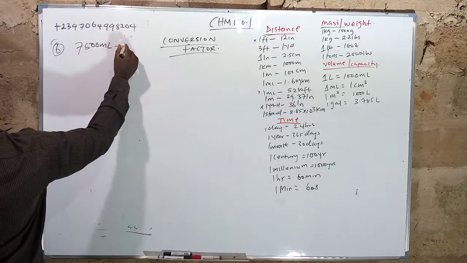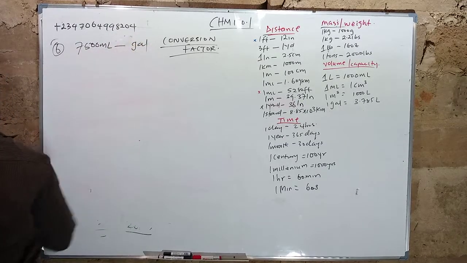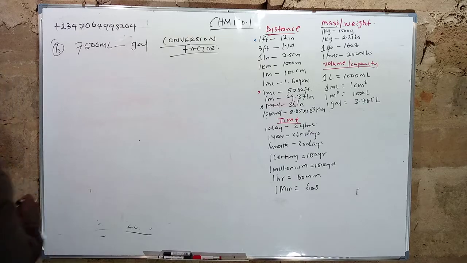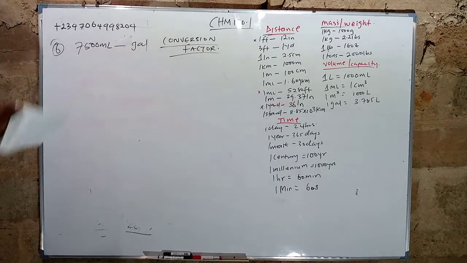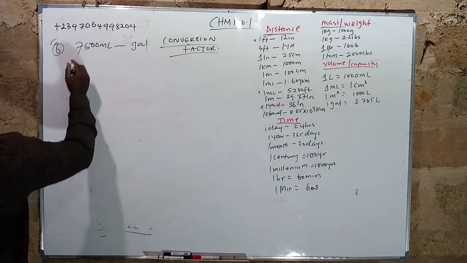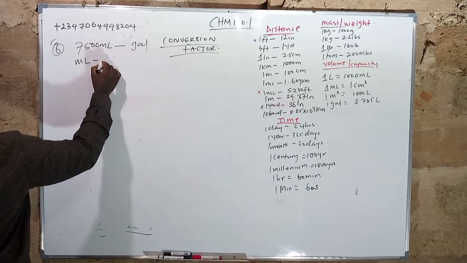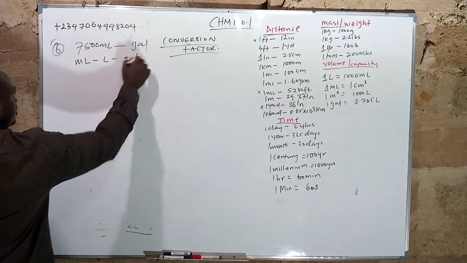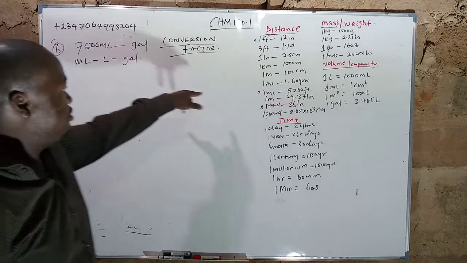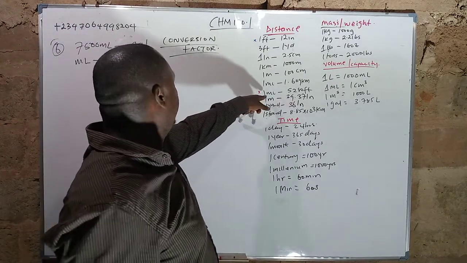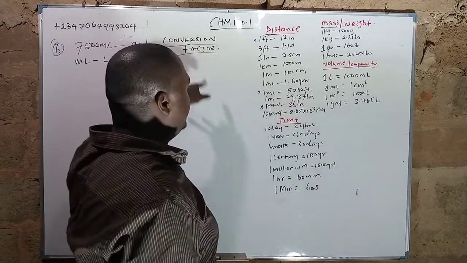750 milliliters to gallon, right? So of course we don't have any direct conversion. This is a 3-step conversion. So first of all, you have to move from milliliters to liters to gallon. Because if you start from milliliters, you have to come here and search it. We only have from milliliters to foot, and we don't have from foot to gallon.